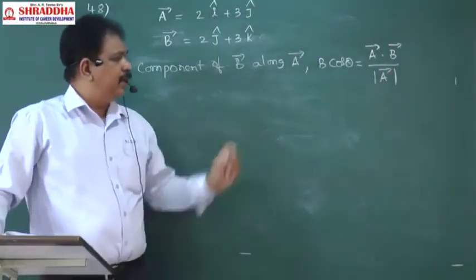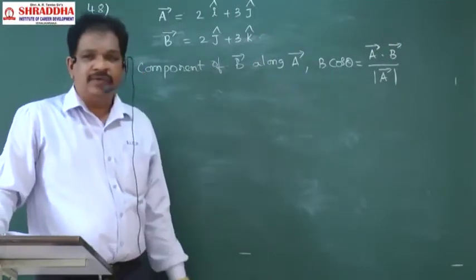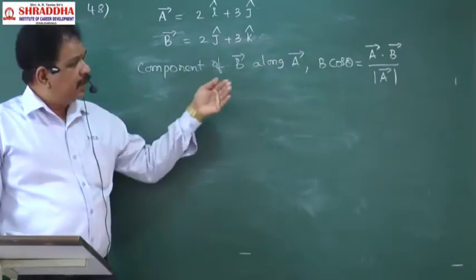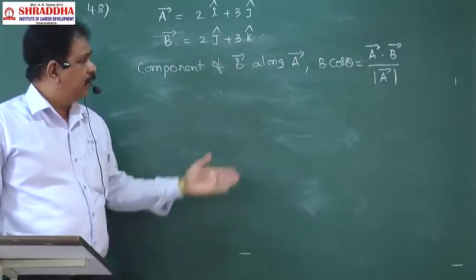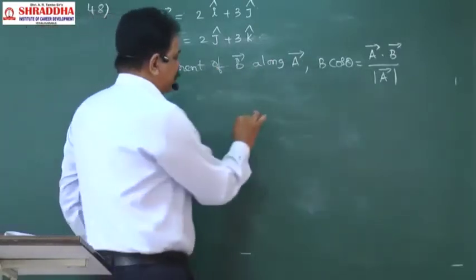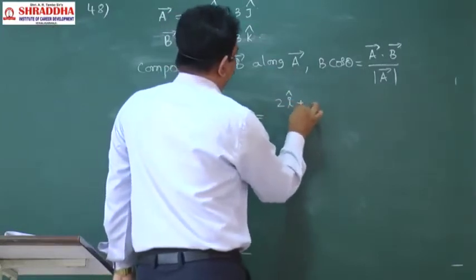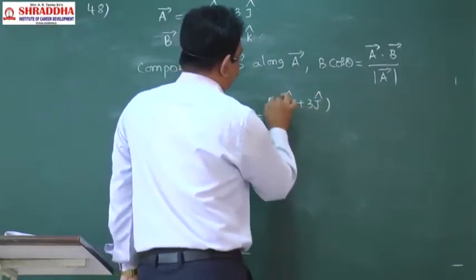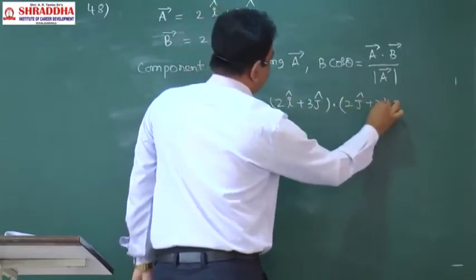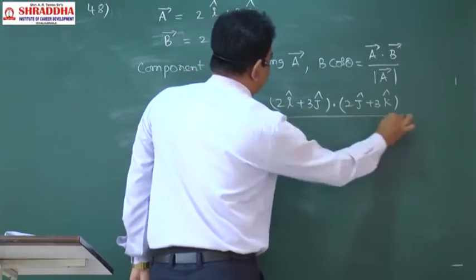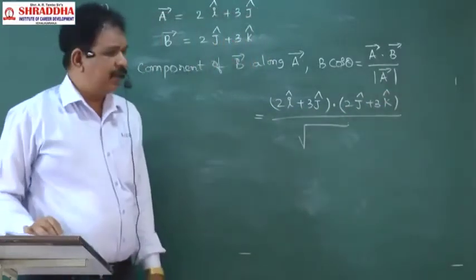Component of B bar along A bar, B cos theta is equal to, what is the formula? A bar dot B bar by modulus of A bar. Then what will happen? This is A bar dot B bar, means 2I bar plus 3J bar dot 2J bar plus 3K bar divided by modulus of A bar.